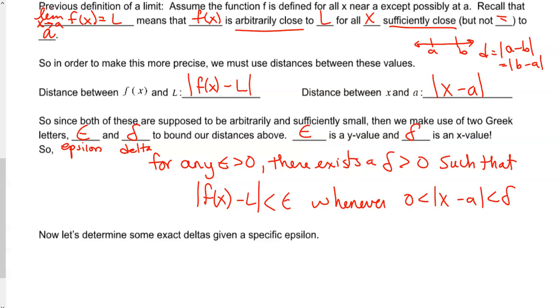Basically, the difference between the function value and the limit has to be really small, and the distance from x to a has to be really small as well.